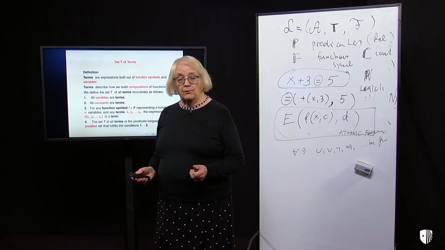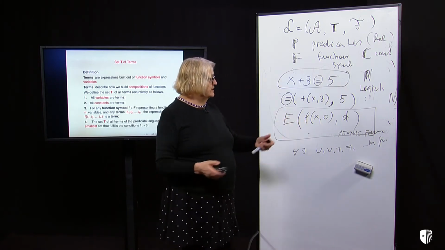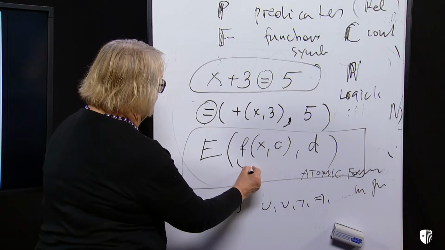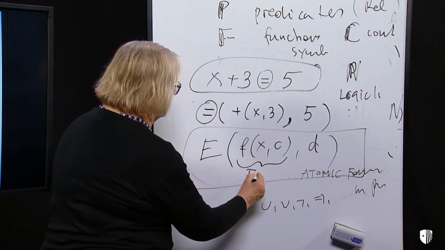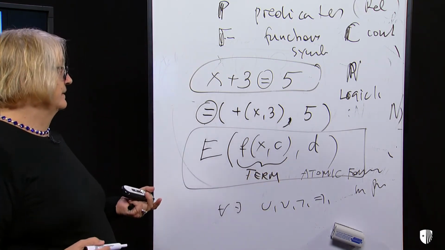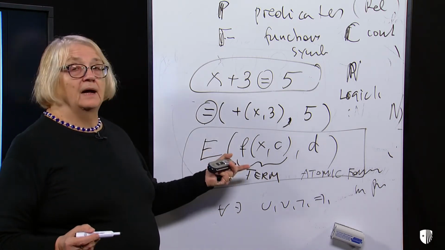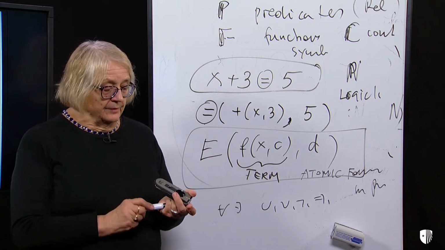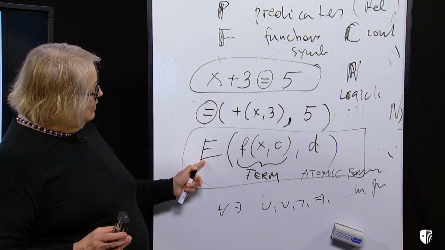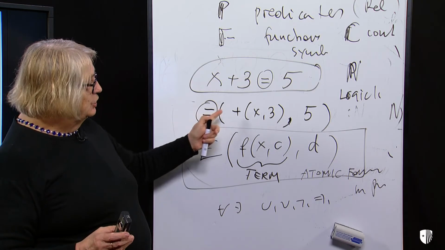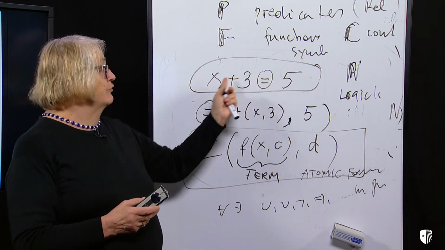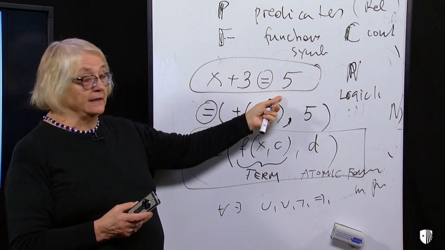Also, when you have those functions, that piece is called a term. Because you know that a relation returns true or false. You say that this is true for certain x and not true for the others.